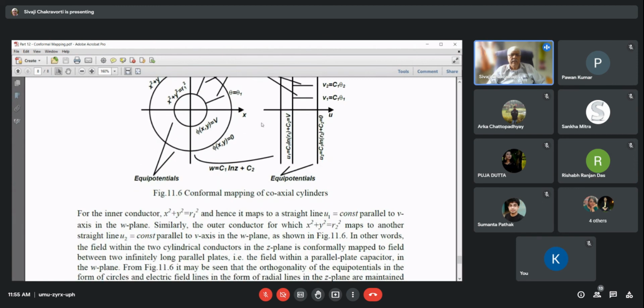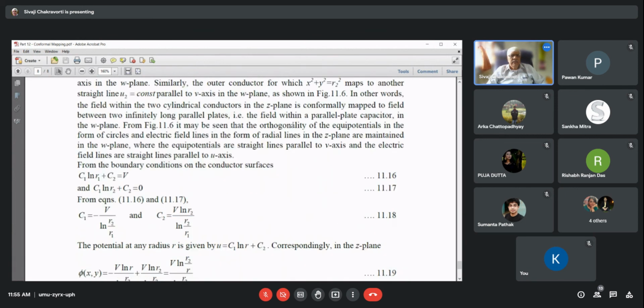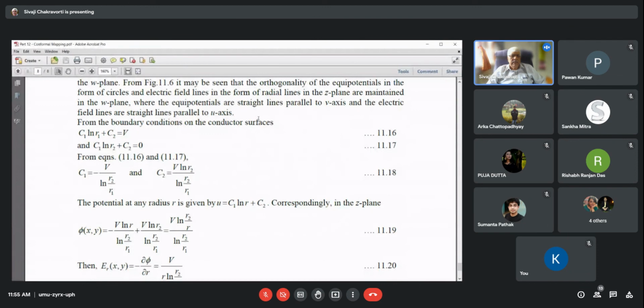So this shape on the right hand side, by means of this transformation shown at the lower side, that C1 ln z plus C2, has been transformed to this particular parallel plate system with the electric field lines normal to the electrodes. Then how do I apply the boundary conditions? Very simple.